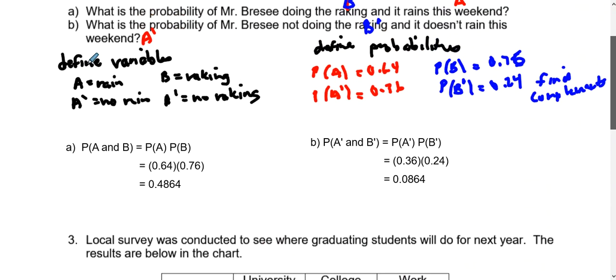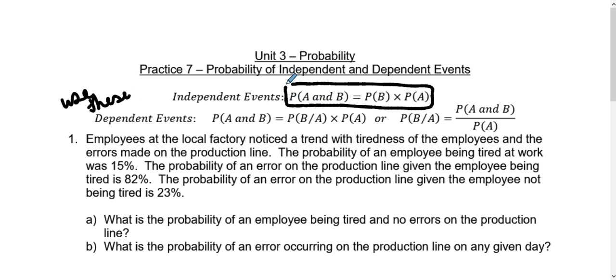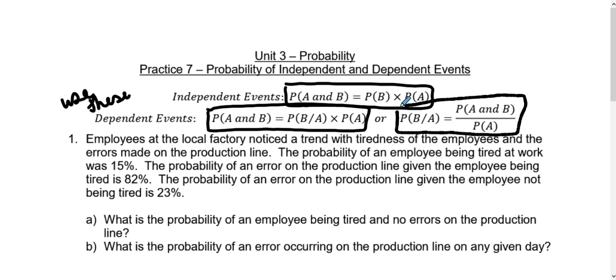When you're practicing some of these events, use these formulas. I've got this formula, this formula, and this formula. Those formulas didn't change, but the numbers that we put in did. Give that a try and let me know how it goes.